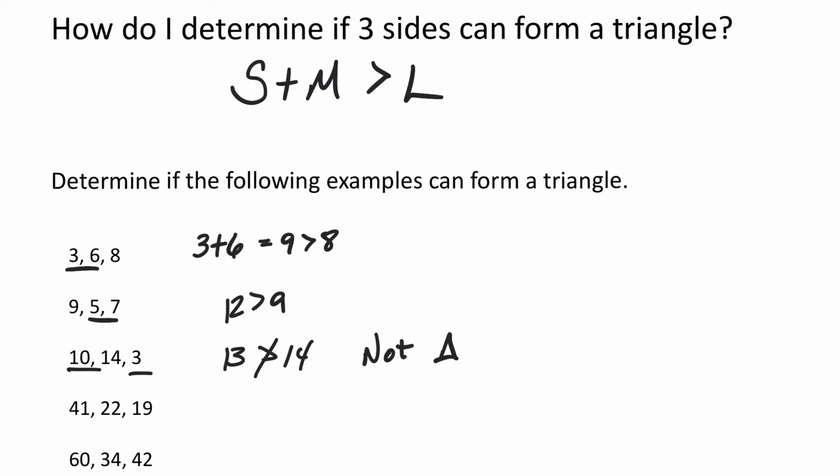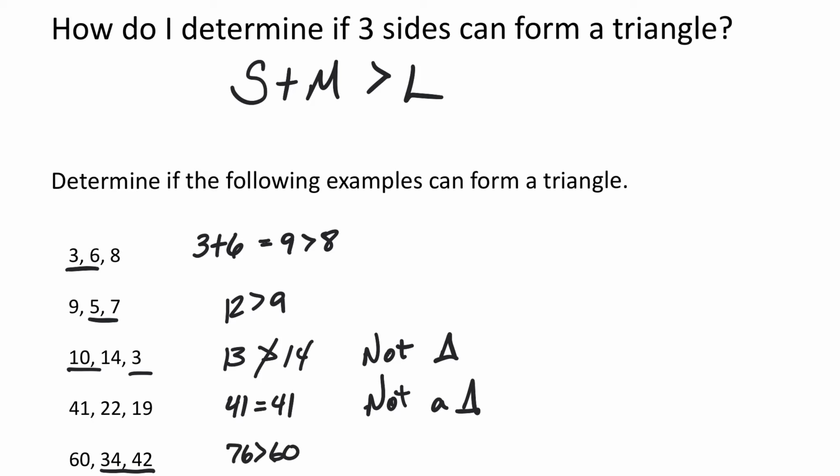On the next one, we have 22 plus 19, that is 41. Well, 41 is equal to 41, but it needs to be greater. So this is also not a triangle. And then on the last one, we see 34 plus 42, that's 76. 76 is much greater than 60.